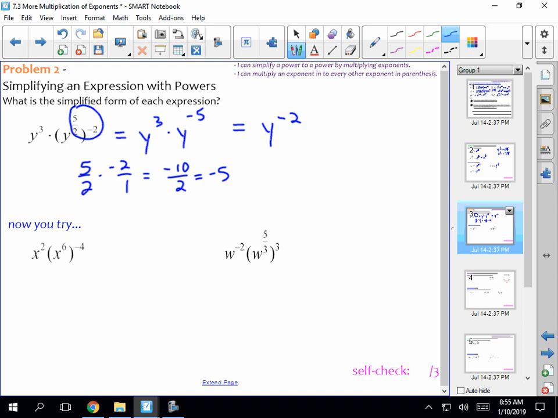No. Because right here, part of being simplified means no negative powers. So what do I do to remedy the negative powers? Yeah, put it below. So it'll look like this, 1 over y squared. So that's what I mean is that we're building. So we used 3 out of 4 of our rules of exponents in that one problem.